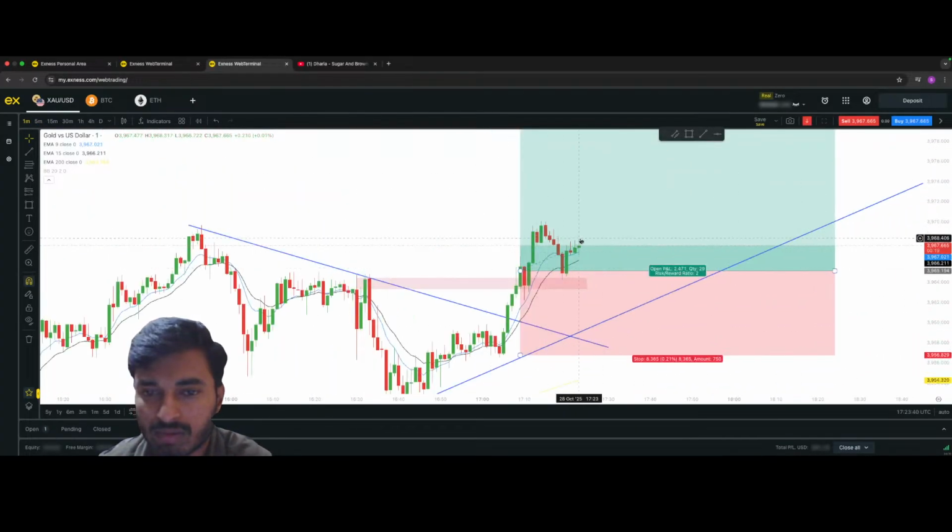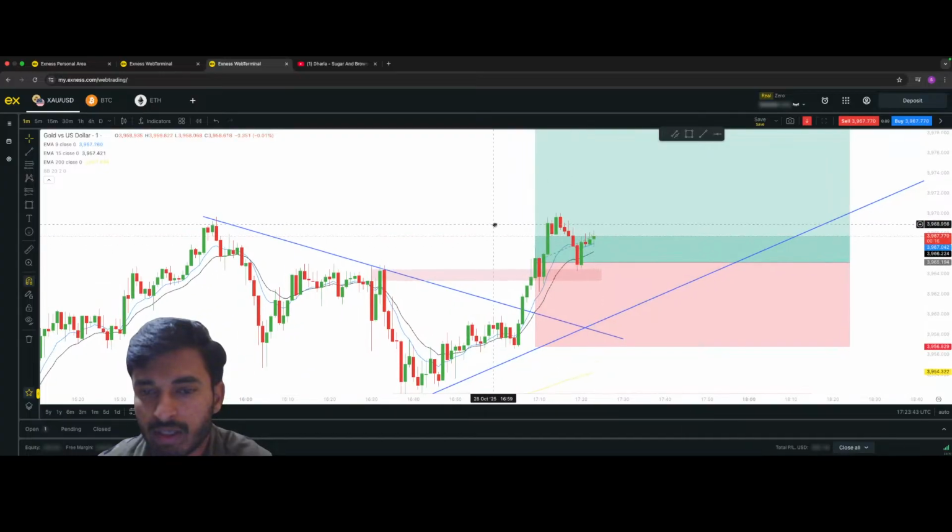Same thing, there are some wicks coming. It is taking a support here.